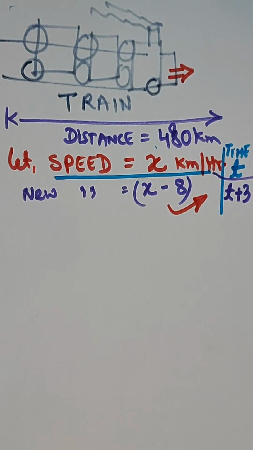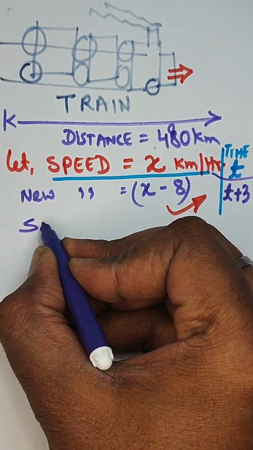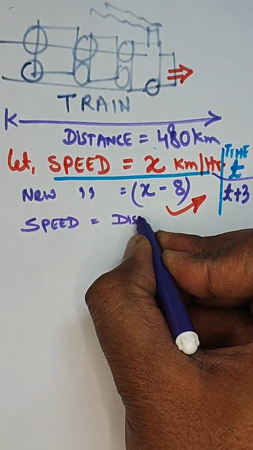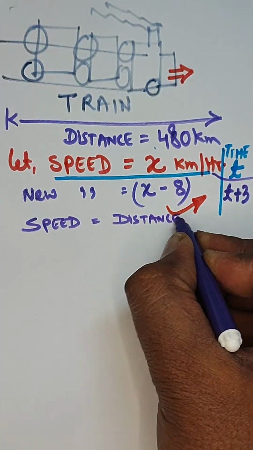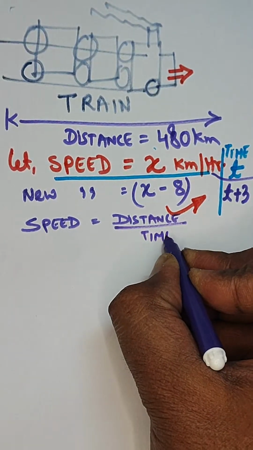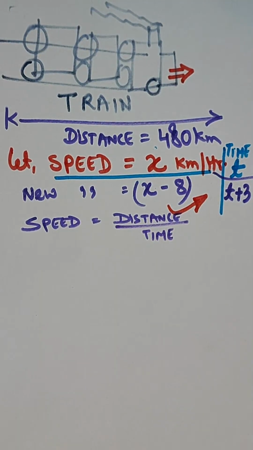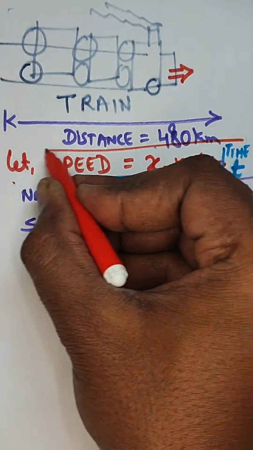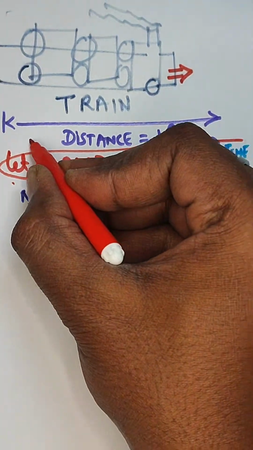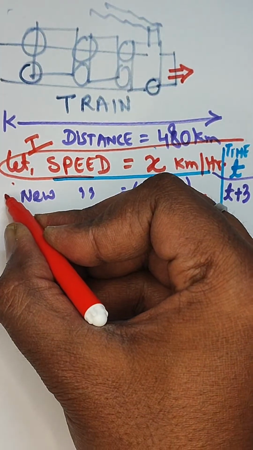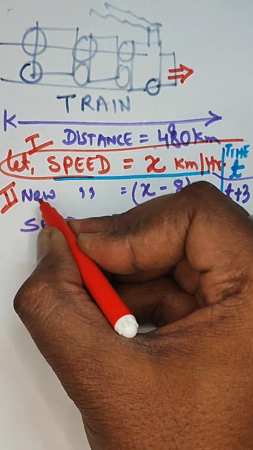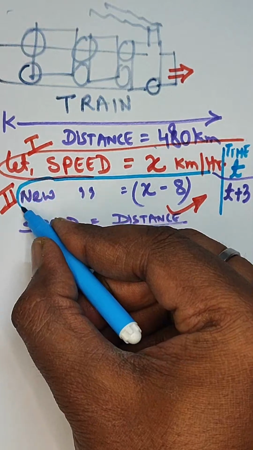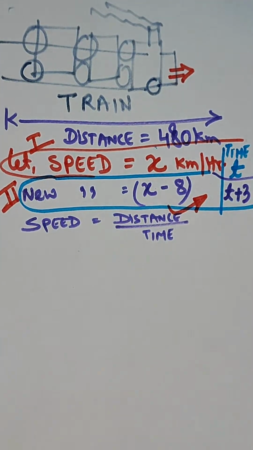Now we know the formula. Speed is equal to distance covered divided by time taken, right? So here we have two cases. This is case number 1, the first case, and in the second case, with the new speed, this is case number 2, right?